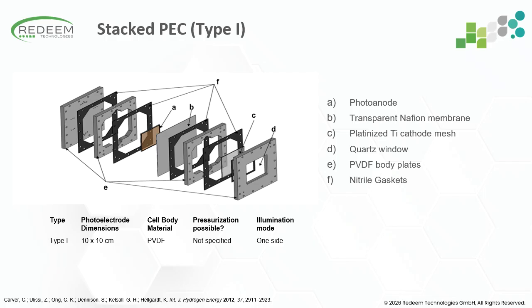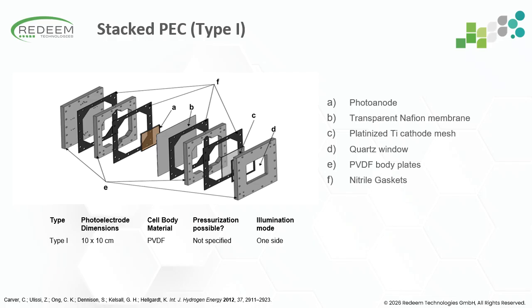So this reactor has an active surface area of 10 by 10 centimeters, making it considerably larger than typical laboratory characterization cells. And the illumination is provided from only one side through the glass window, while the transparent membrane allows protons to pass and also light between the two compartments.